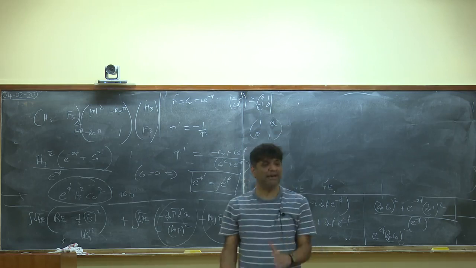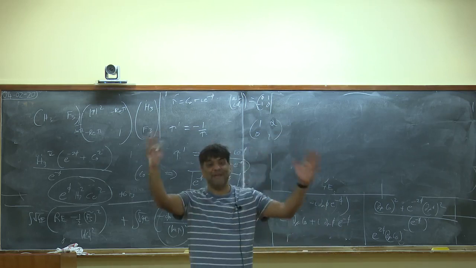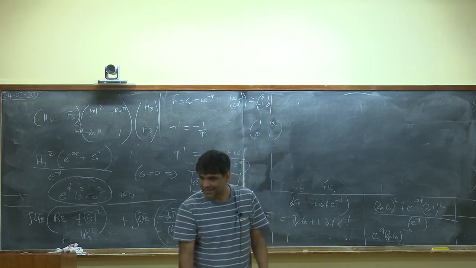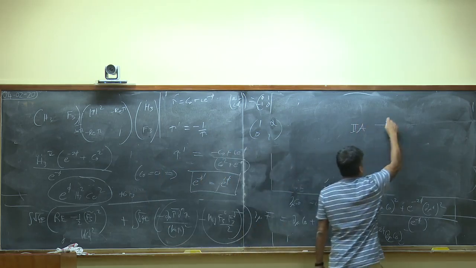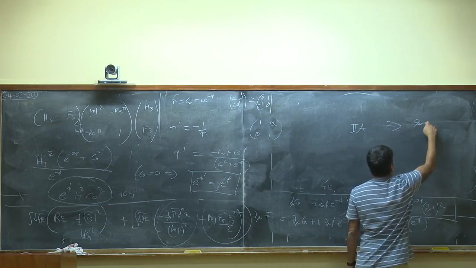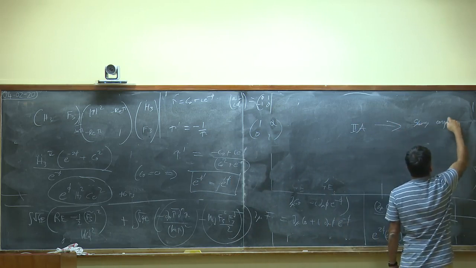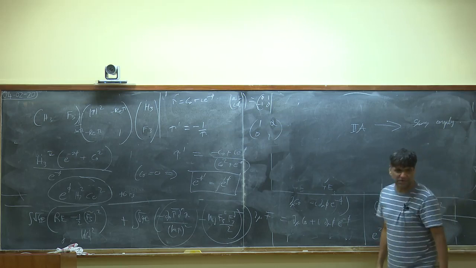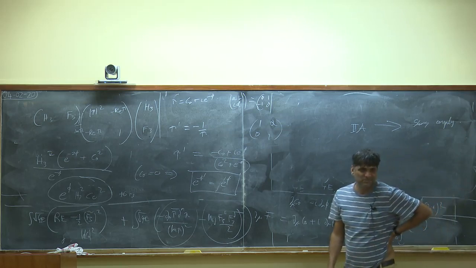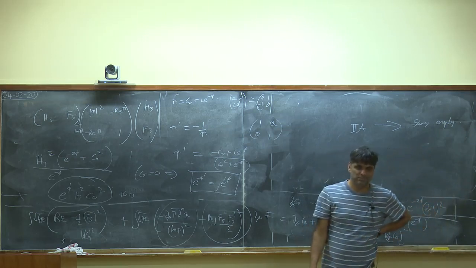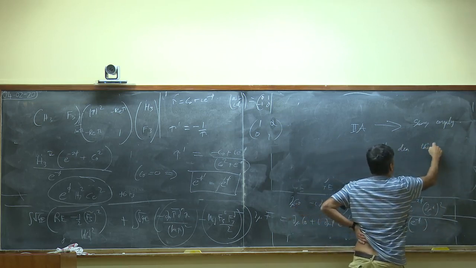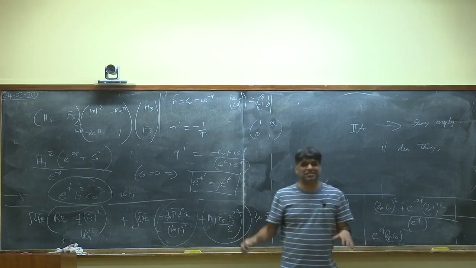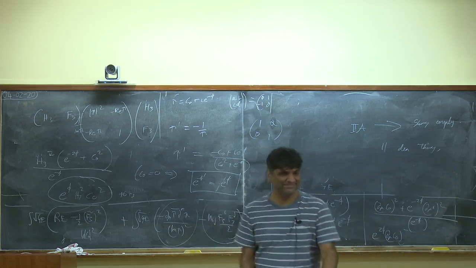Now the final claim we're going to make, in this web of dualities that we're going to try to understand, is that if you take type 2A theory and you go to strong coupling, do you know what you get? You get an 11-dimensional theory whose low energy description is 11-dimensional supergravity.